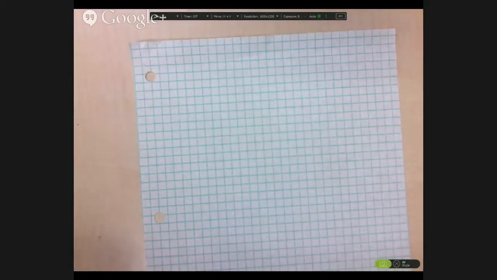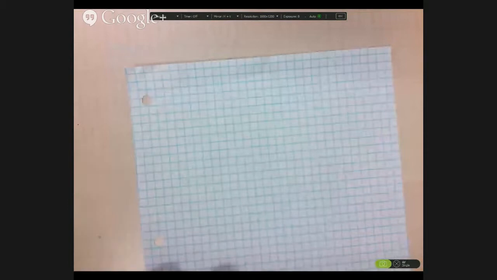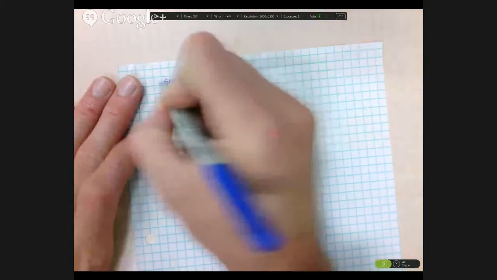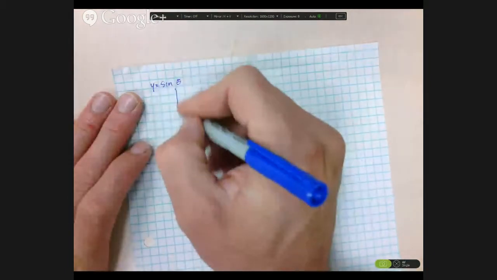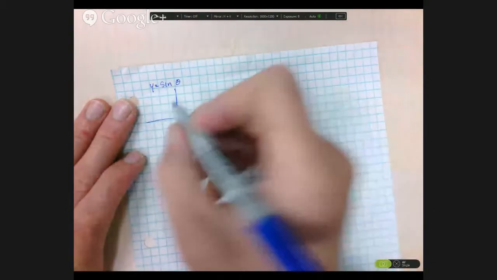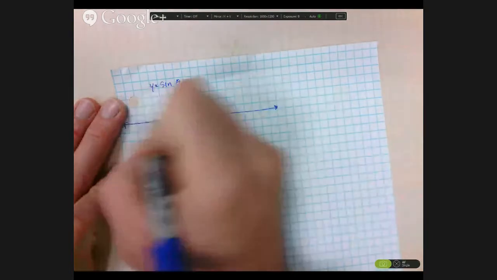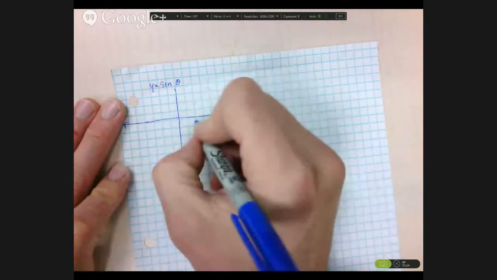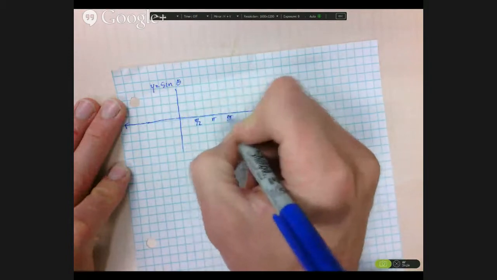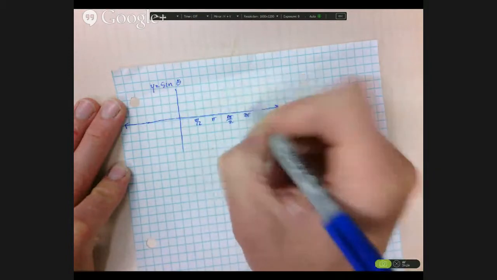Okay. Last thing for this video, basic graphs. I'm going to go over sine and cosine. I'm going to go through all of them actually, and then tomorrow the next video will be shifting them, etc. So I'll just go from zero to 2 pi.